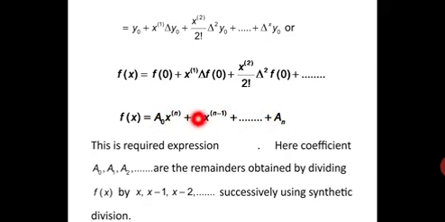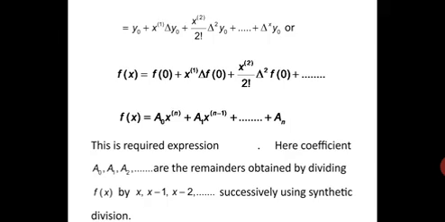What is this a naught, a1, all those things? This is the required expression. We know that these are all the coefficients. A0, A1, A2, they all are the coefficients, which are the remainders we obtain by dividing f of x by x, x minus 1, x minus 2 successively using synthetic division.